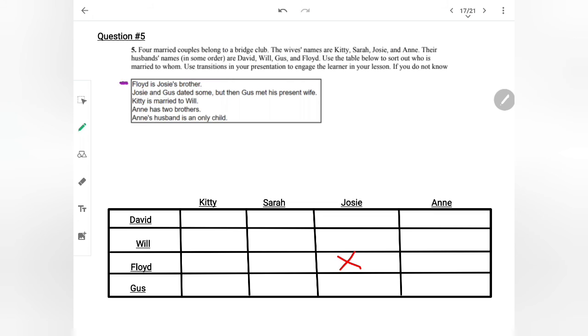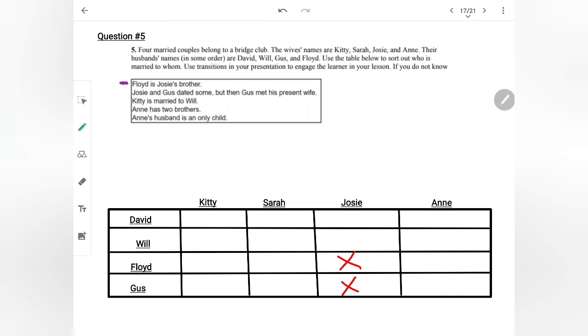Our next clue states that Josie and Gus dated some, but then Gus met his present wife. Well, if Josie and Gus only dated some, and he's already found his present wife, there's a really good chance that Josie will not be married to Gus. So we're going to go ahead and mark him out on our chart.